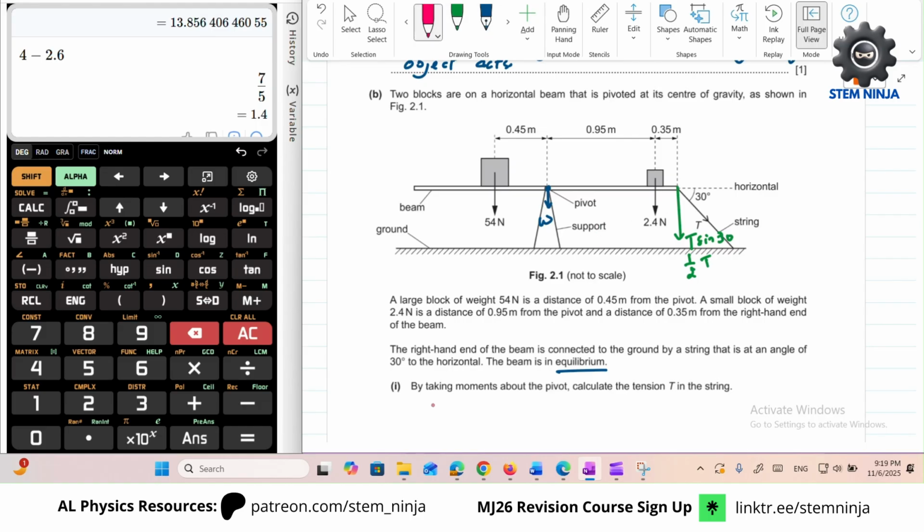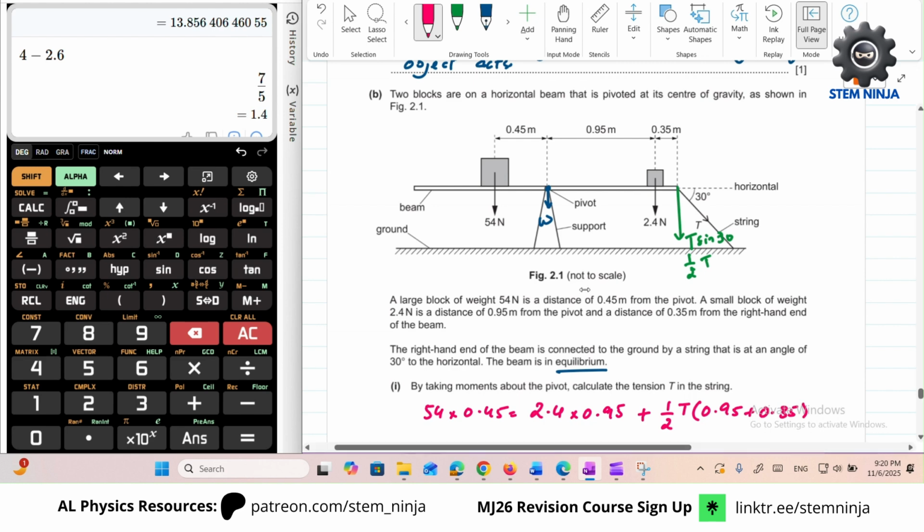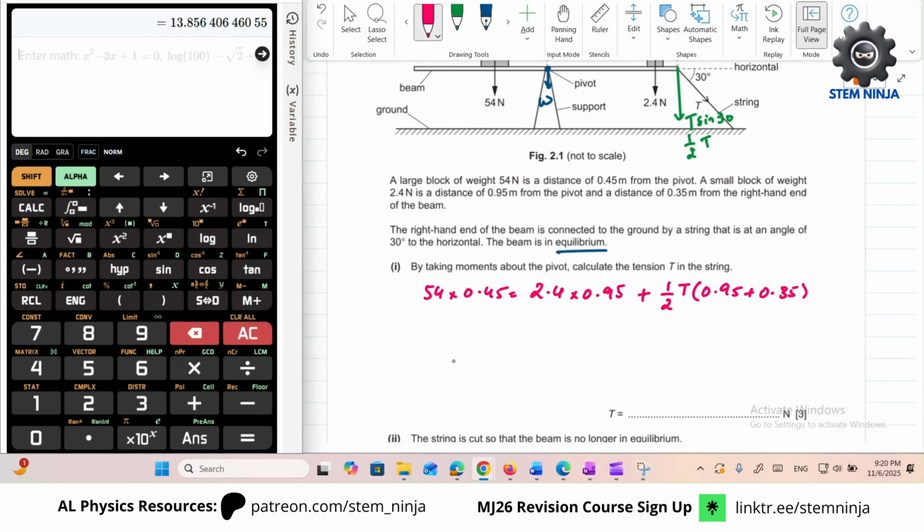So anti-clockwise moments: 54 times 0.45 equals 2.4 newtons times 0.95 plus half of T times (0.95 plus 0.35). You can write T sine 30 also, but sine 30 is half, so I simplify the calculation a little bit.